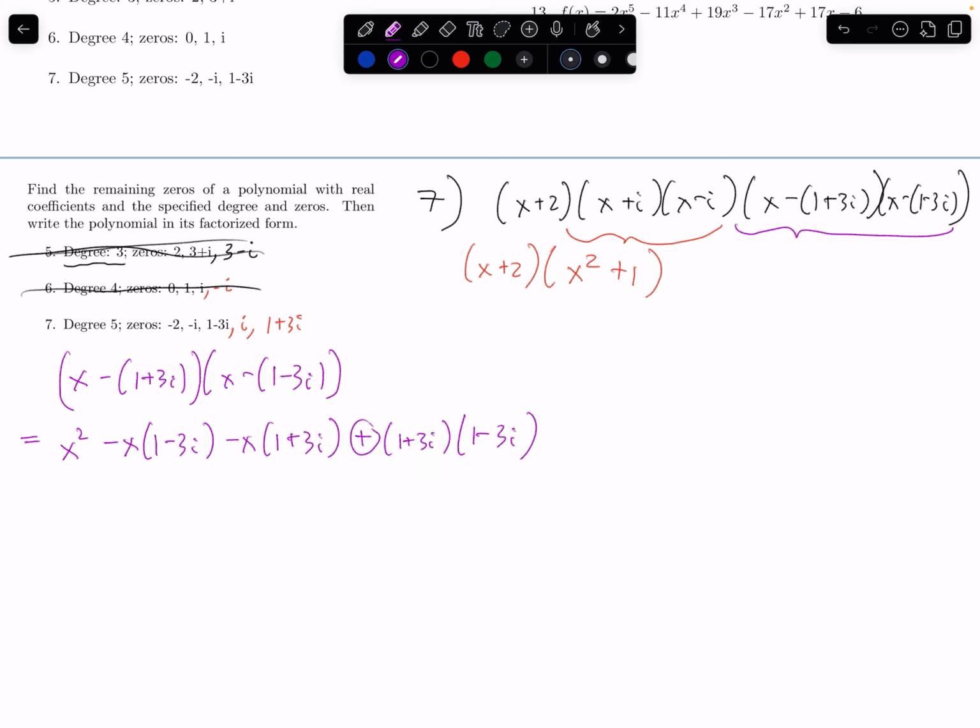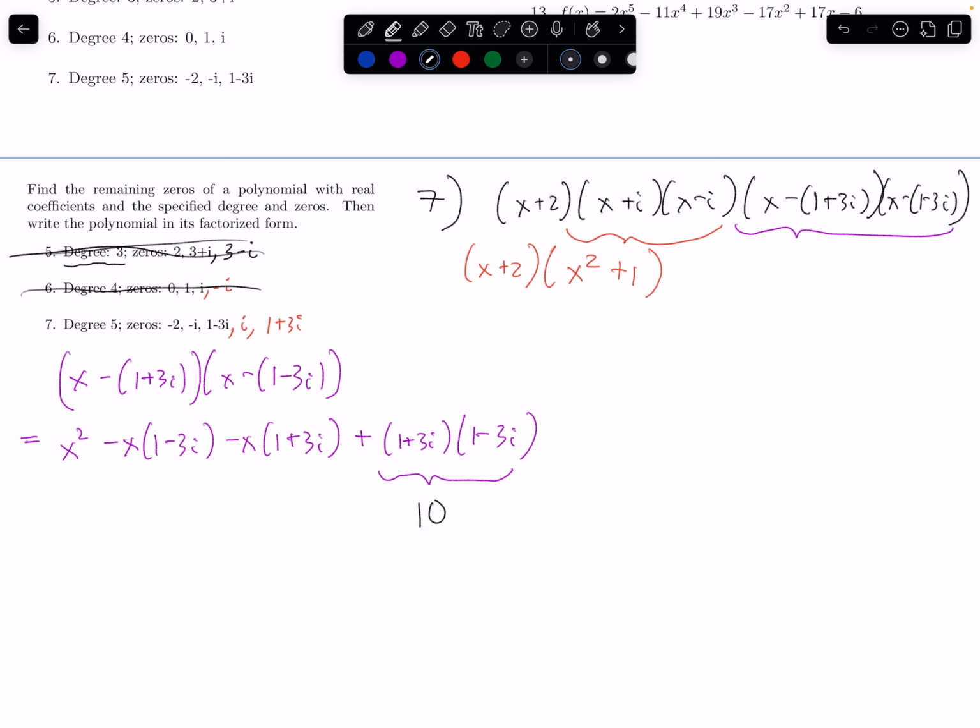And you notice this is a positive because I have a negative times a negative, right? I'm going to do this last part first. That's 1 squared plus 3 squared, right? Which happens to be 10 again. Last time we did it was actually 3 minus i, but the result is still 10.